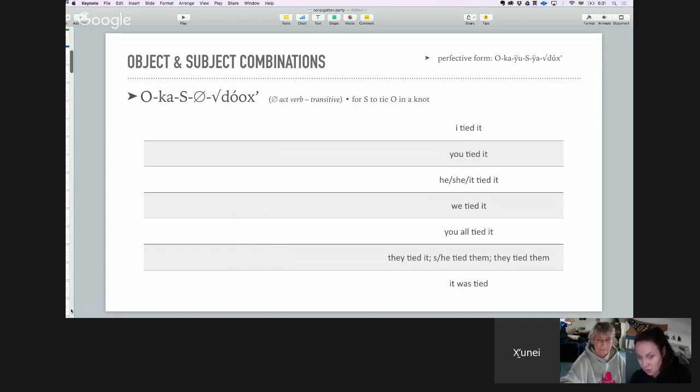Okay, so we got zero, so we're going to expect waduch. That's how it should end. Then we have object, subject, and the subject should be zero, ka, and then cha. So ka plus perfective plus cha.